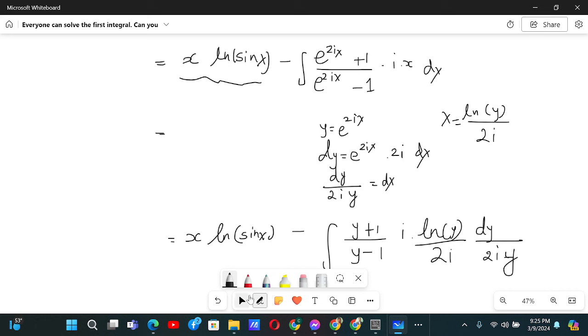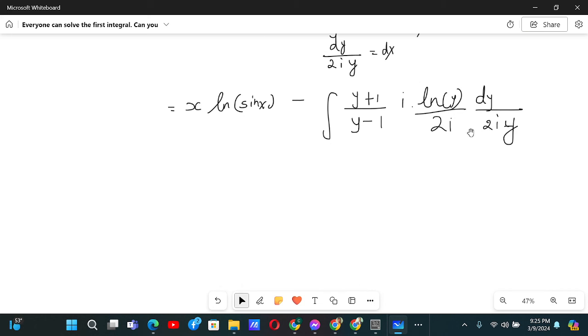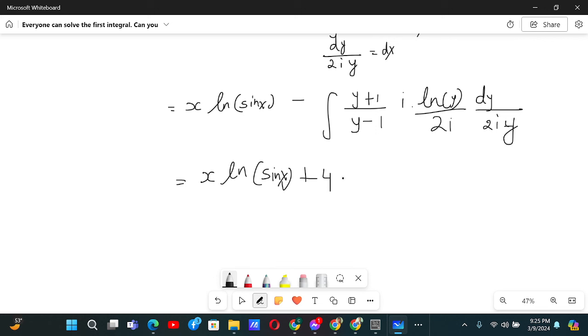Okay, that's nice. Now 2i times 2i is minus 4, and minus 4 times minus is a sign is plus 4, and also we can take the i outside, so we have the integral of (y + 1)/(y(y - 1)) ln y dy. Yeah, I think we are going in the right direction till now. Oh wait, no, we just made a mistake. This is i by 4.